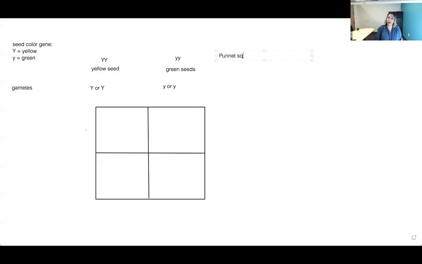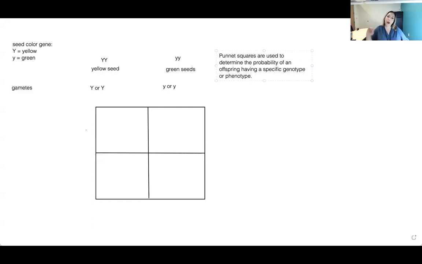So Punnett squares are used to determine the probability of an offspring having a specific genotype and or phenotype.